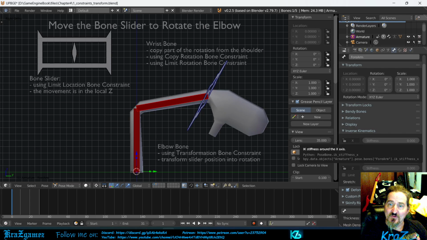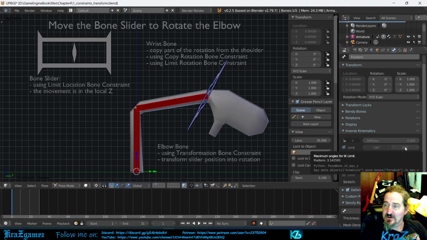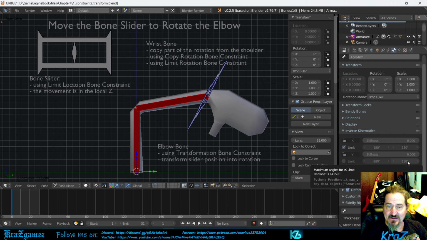In order to mimic this behavior, you can force the rotation of the bone to be inside a given range. In our case, the limits on the X would be 5 degrees to 180. On the Y, it would be negative 90 to 90, and on the Z, it would be 0 and 0.